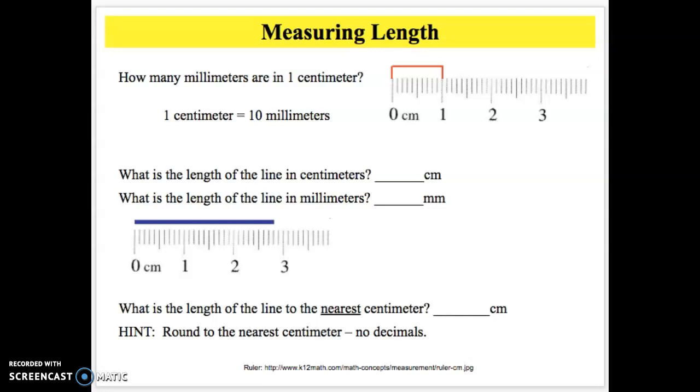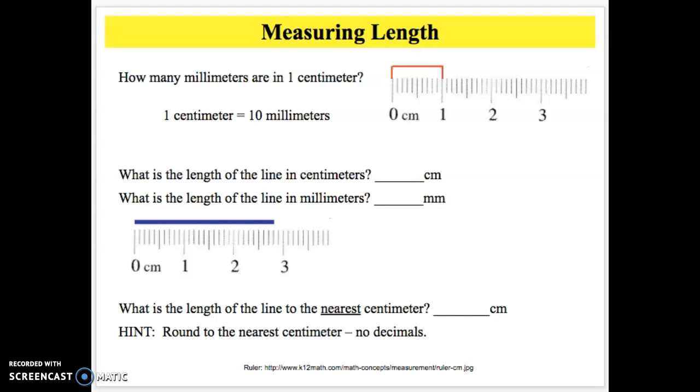So it says, what is the length of the line in centimeters? We look down at that blue line, and we see that it is past 2, but not quite to 3. So we actually have to start counting our tick marks. The one that's in the middle of 2 and 3 is actually 2.5.